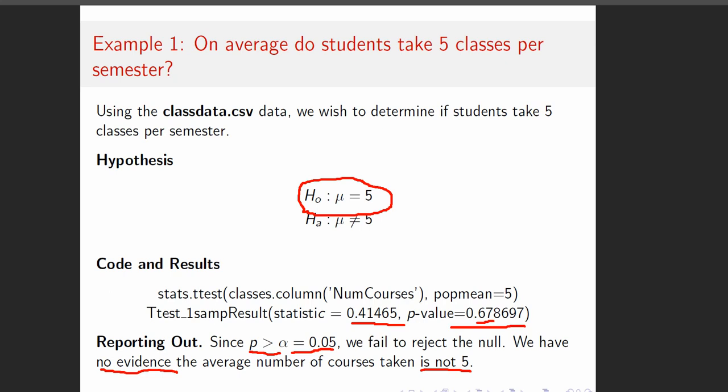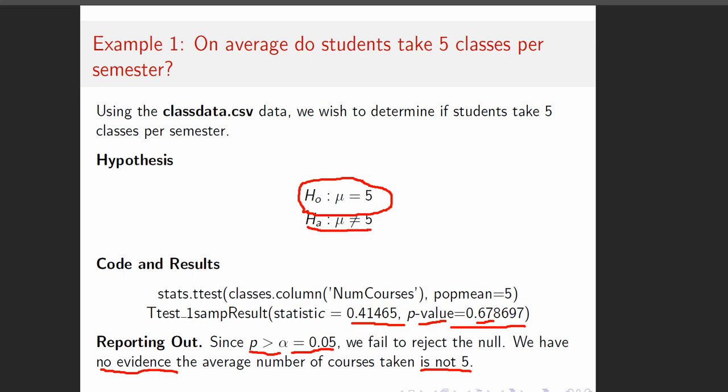Now, I understand the double negative is a little awkward, but it is how statisticians report this. They say there is no evidence that the average isn't 5. And you say, well, doesn't that mean that the evidence says the average is 5? Well, again, that's not how statisticians say it. They say there's no evidence it's not 5. But you can think of it this way. When the p-value is small, we have evidence for the alternative.